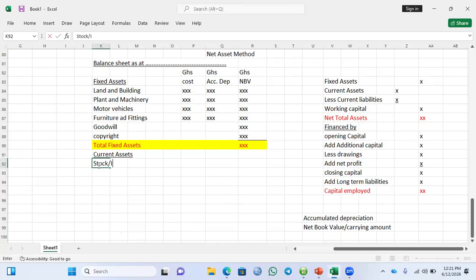Normally it is the closing stock, right, you show in your balance sheet, so pay attention to that. Apart from the stock, what else? Yes, Nicole. Sir, debtors. Debtors, your debtors or receivables. What next?